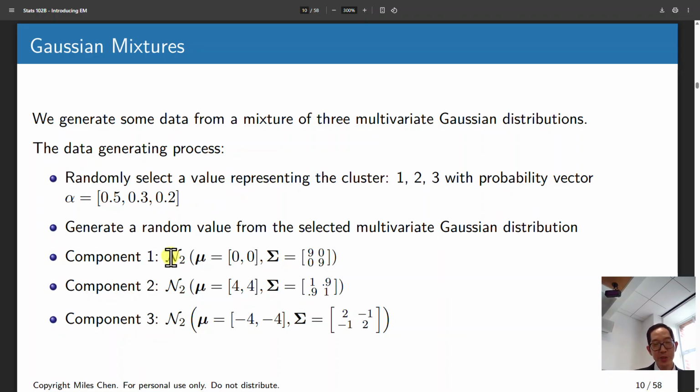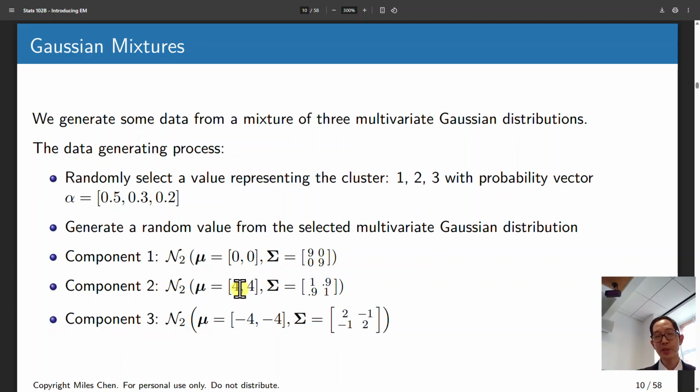Our first component will be a multivariate normal distribution centered at 0, 0, and its sigma matrix is going to be 9, 0, 0, 9. So it's going to have a lot of variance: the variance in the x1 direction is 9, and in the x2 direction is 9, but they are independent, so it's going to be like a circle of points.